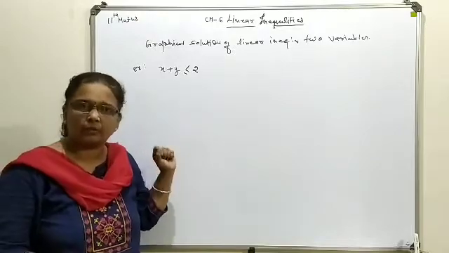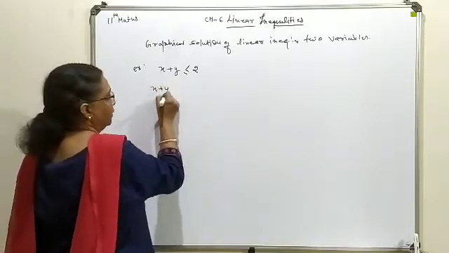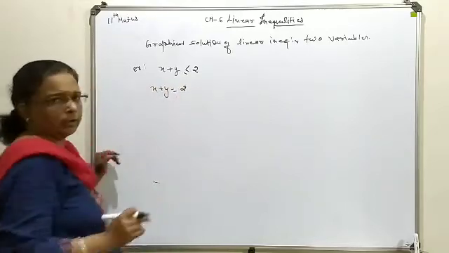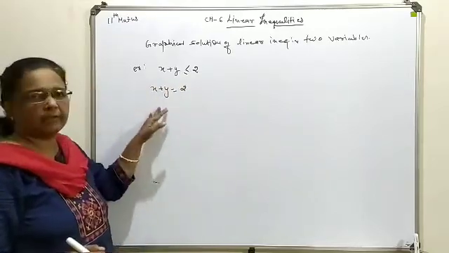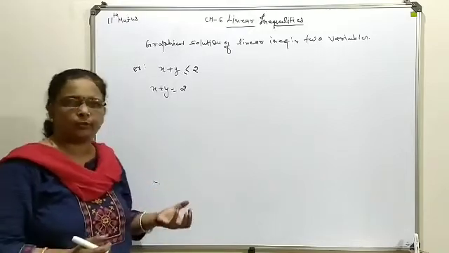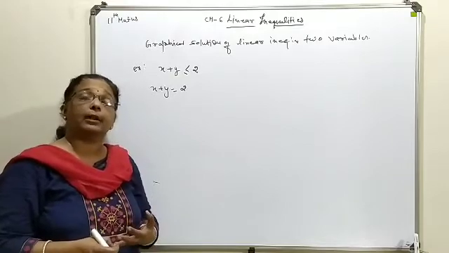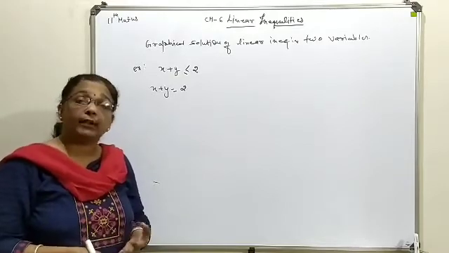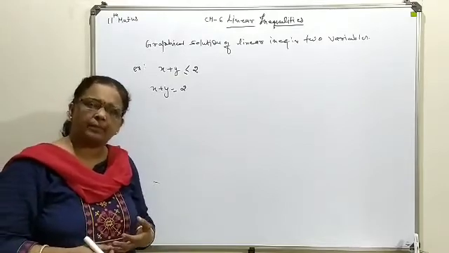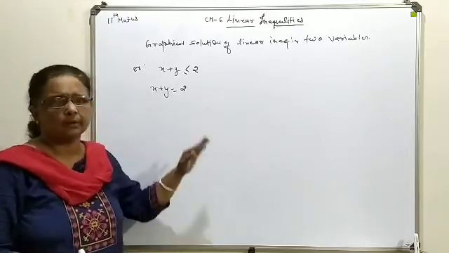That also we will make clear. So first of all, we find the boundary points for this given line. Boundary points means axis points. If you want to find more than 2 points, you can. But whenever you combine more than one inequality, it is better to find boundary points only, so you can easily handle the situation.